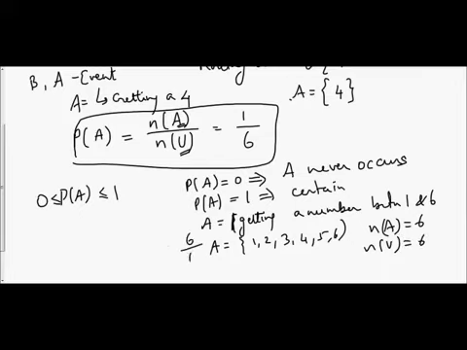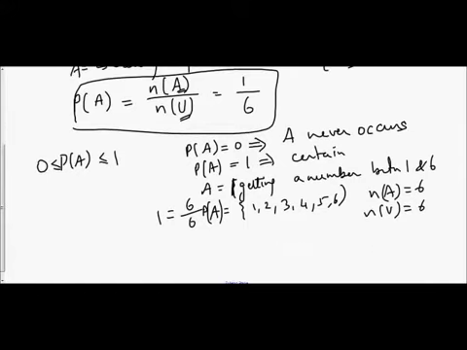Therefore 6 over 6 is 1, which is the probability of this event. So it is sure that you will get a number between 1 and 6 when you roll a die. So when the probability of an event is equal to 1, then that event is very much certain to occur. Any other event would have a probability between 0 and 1.